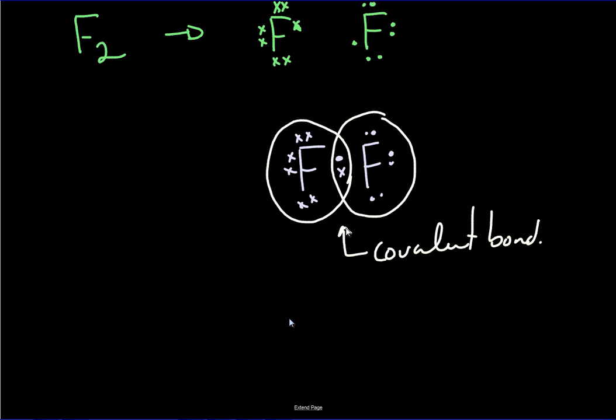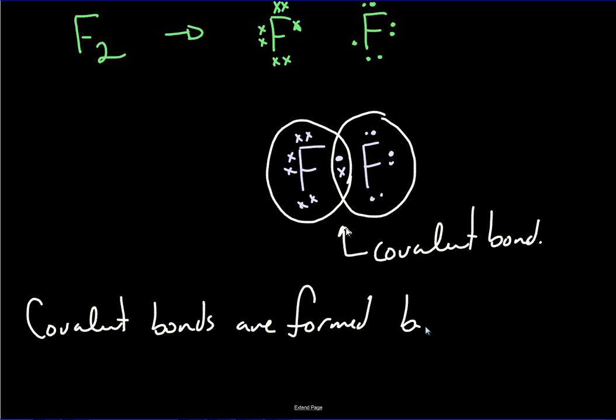You with me? Now let's get a little more complicated here. Actually, let's write a couple of notes about what we noticed here. Okay, so covalent bonds are formed between two nonmetals. Okay?